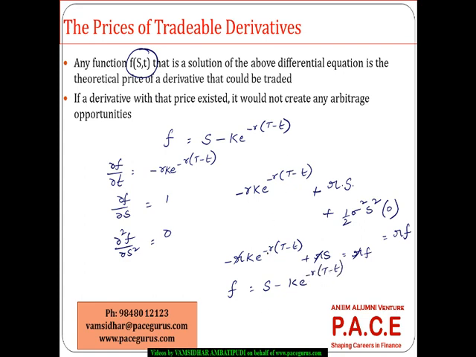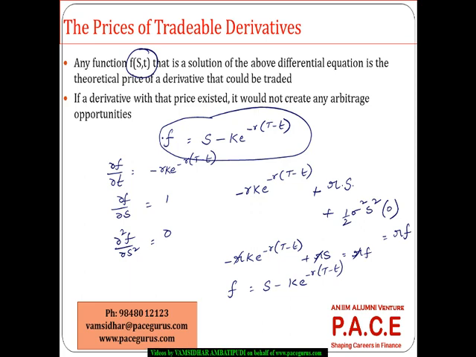Now we are able to get the differential equation satisfied. f is coming out equal to S minus K e^(-r(T-t)), which is equivalent to rf. And that is what is coming even from here as well. So that is where we are saying the price of the derivative is very much existing.